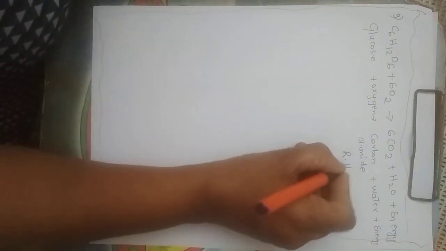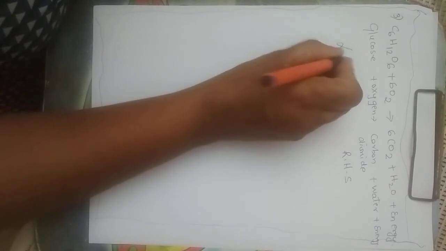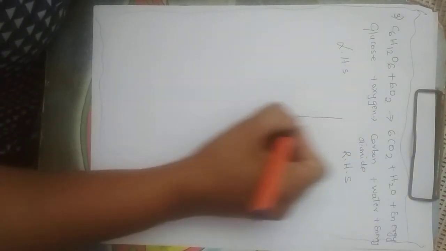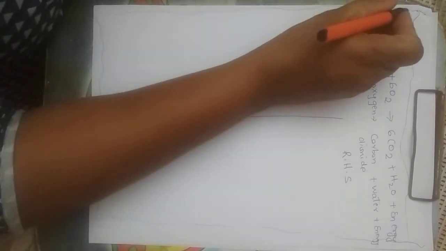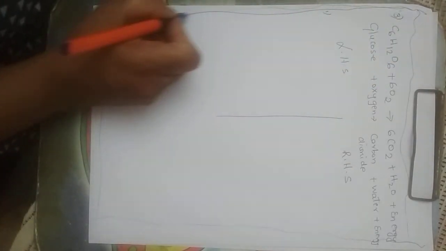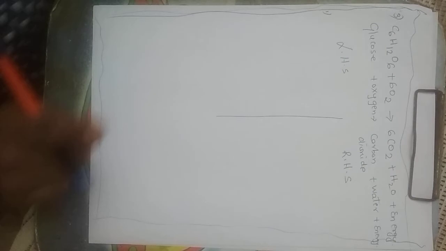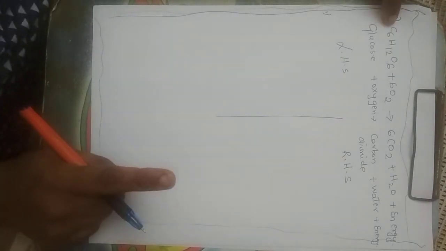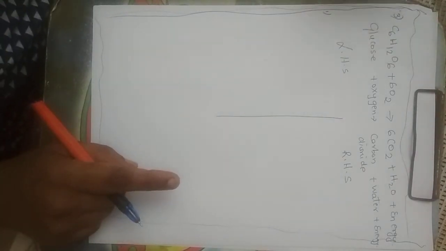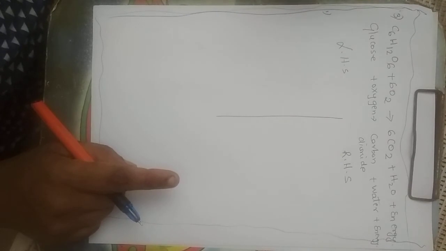Okay, now right hand side and left hand side. Take a ruler and draw. Now do it with me. Don't tell me you didn't understand this. Please take a rough paper, whichever is easy.